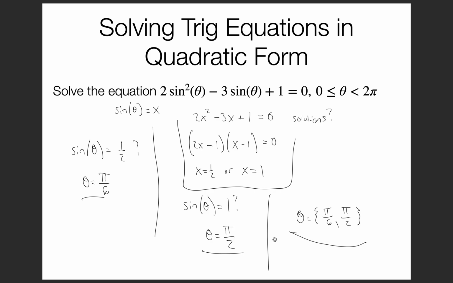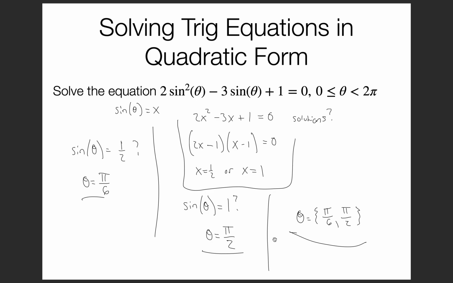Okay, so either 1/2 or 1. So I have to take those values of x and then go back to the relationship with sine. So now I need to see what thetas get me that sine of theta equals either a half or 1.